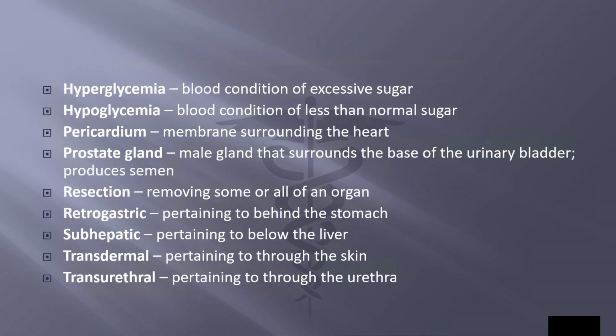Next, we have hyper. This means excessive, more than normal, or too much. Our medical term, hyperglycemia. Glyco means sugar. Hyperglycemia may be a sign of diabetes mellitus. Mellitus means sweet. So hyperglycemia, blood condition of excessive sugar.